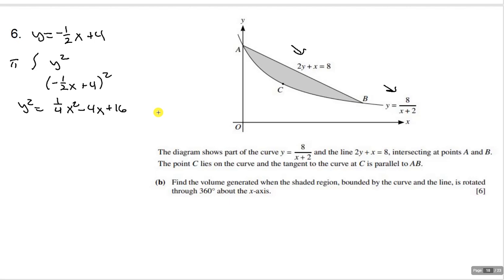Now keep in mind, we're going to do two integrations. We're going to first integrate this one, and then integrate this one, and then subtract them. And remember, we found out this point is 0, 4. So that's one of our boundaries. X is equal to 0, since we're rotating around the x-axis. And this point was 6, 1.